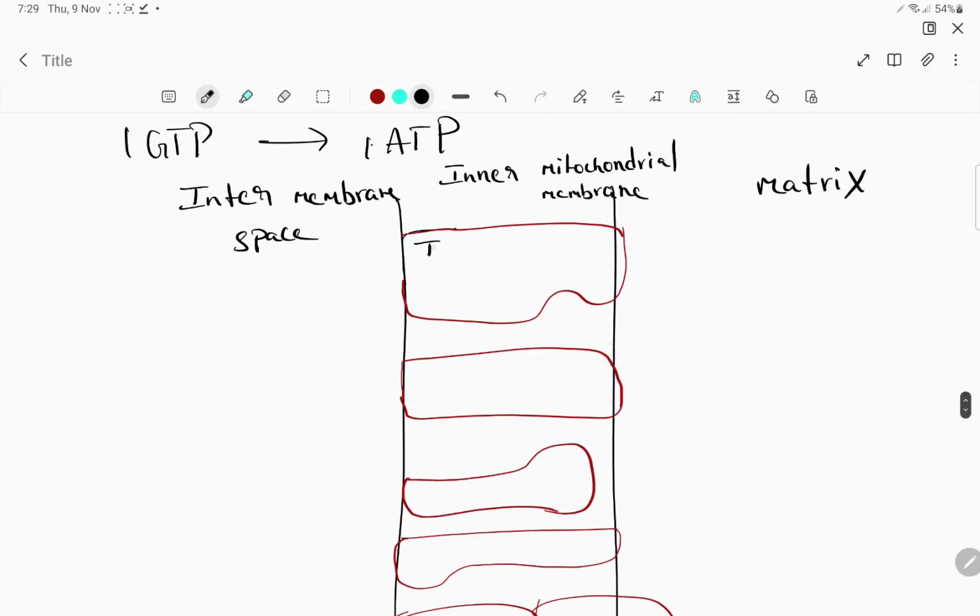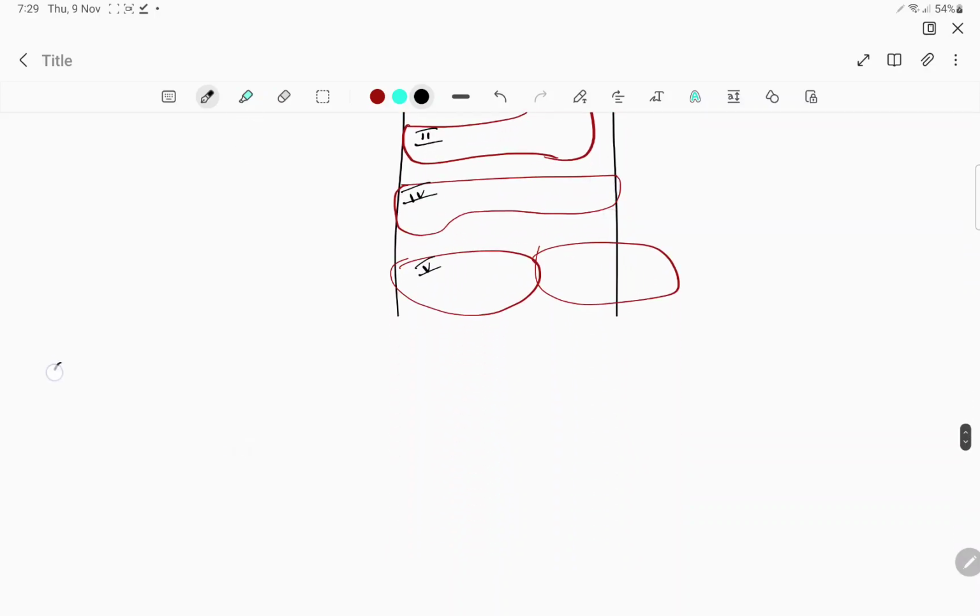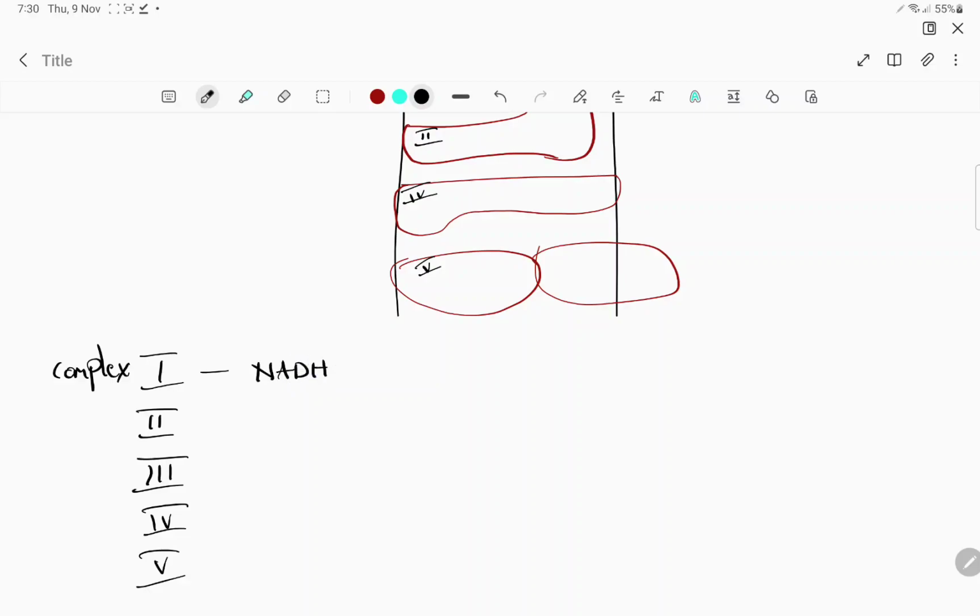This is complex 1, 2, 3, 4 and 5. The name of complex 1 is NADH dehydrogenase. Complex 2 is succinate dehydrogenase.